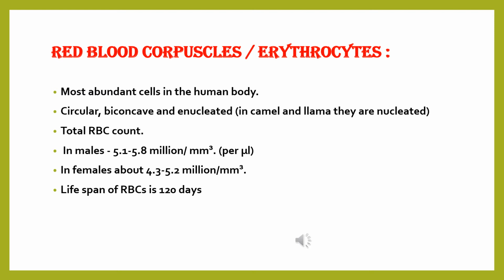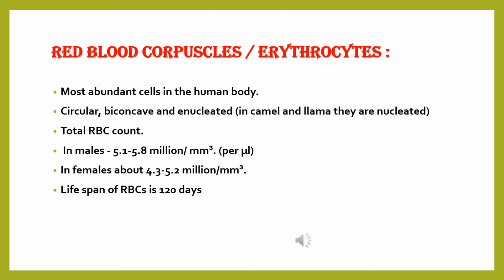RBC count means the total number of RBCs found in 1 cubic millimeter of a blood sample. In a male, the RBC count is approximately 5.1 to 5.8 million per cubic millimeter of blood. And in a female, the RBC count is 4.3 to 5.2 million per cubic millimeter. In a male and a female, the RBC count is different.